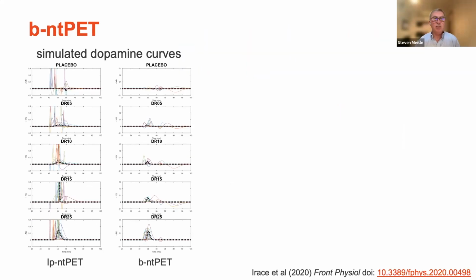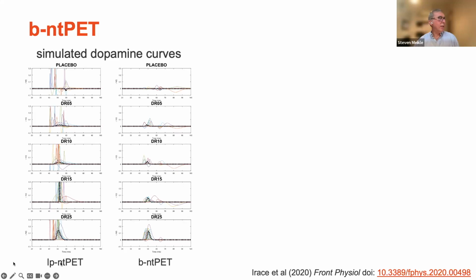So here's just some of the key results from that paper, just illustrating the use of this technique. They did a number of studies, some simulation studies, but also some real data sets in cats and in humans. But in the simulated data sets, what they're showing here are the dopamine curves for a placebo condition in the top row.